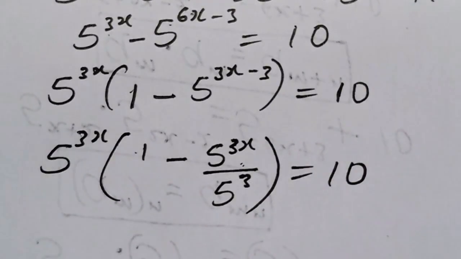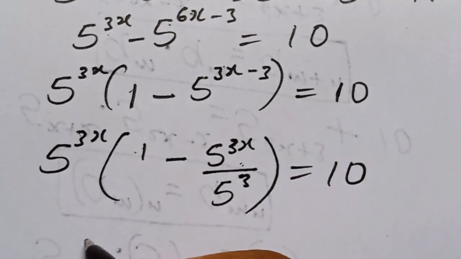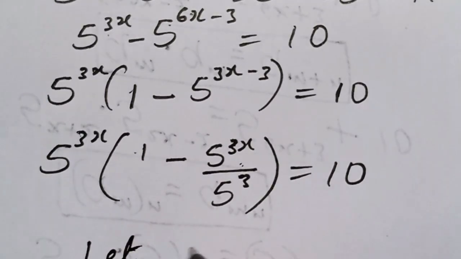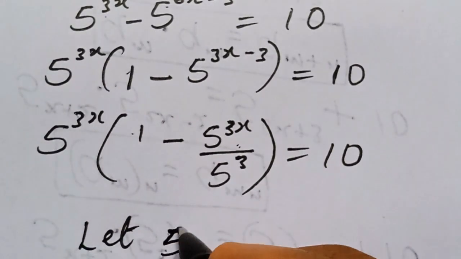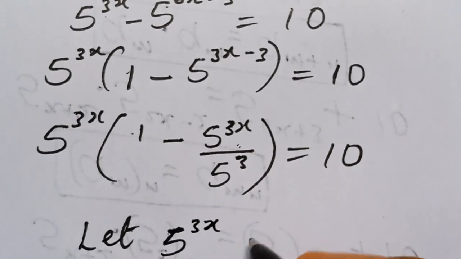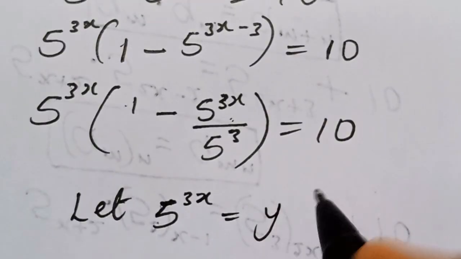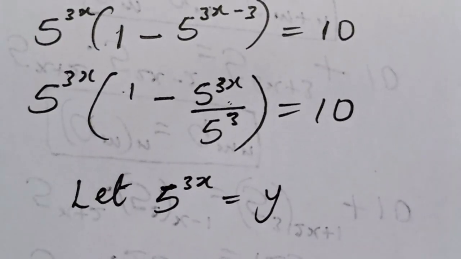So what we need to do is to use the logarithm to approximate the solution. So from here, what we now do is to let 5 raised to power 3x be equal to y. So wherever we see this expression, we replace it with y.